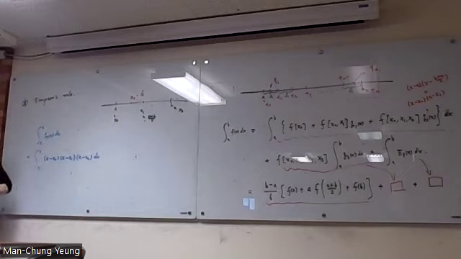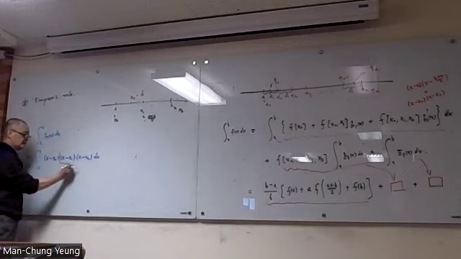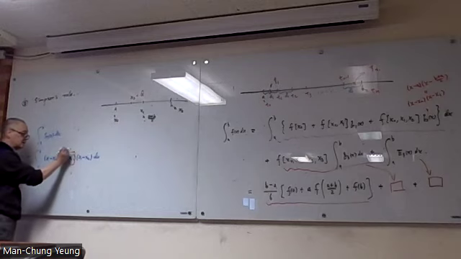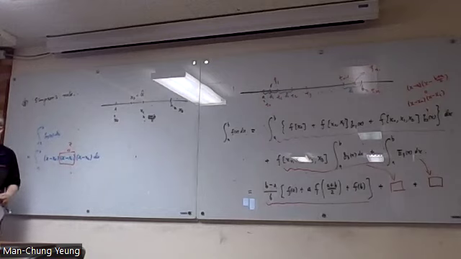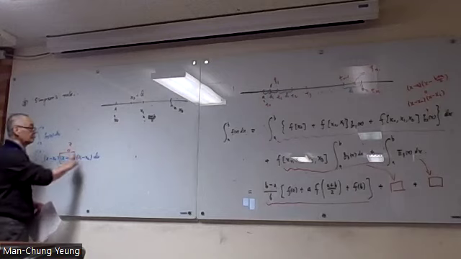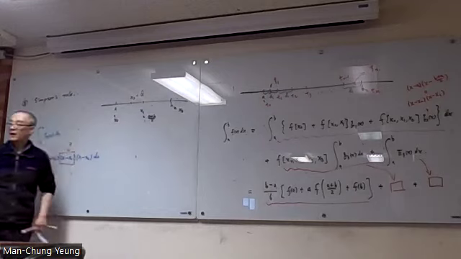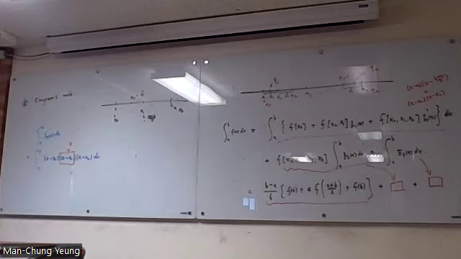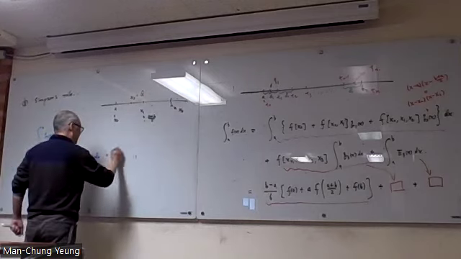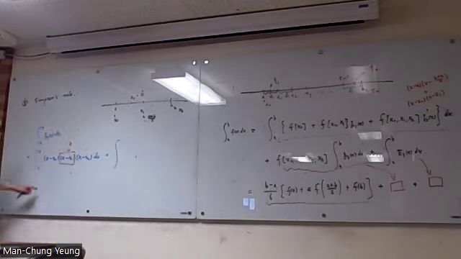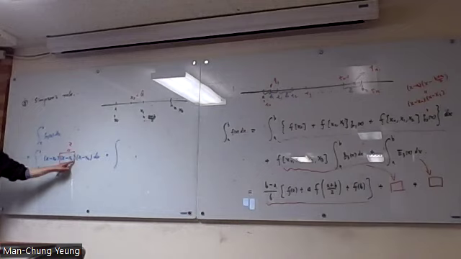How about this step: x minus x1 is c, a new variable, a change of variable. Then make the change of variables. When x is a, what is a minus the midpoint?